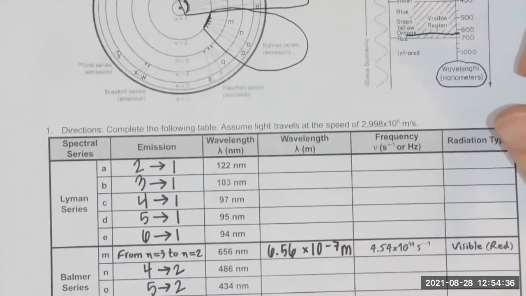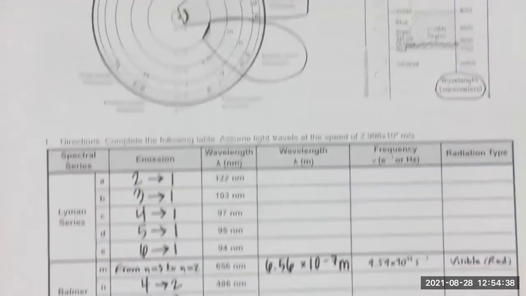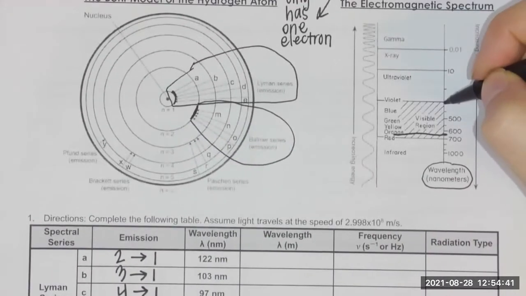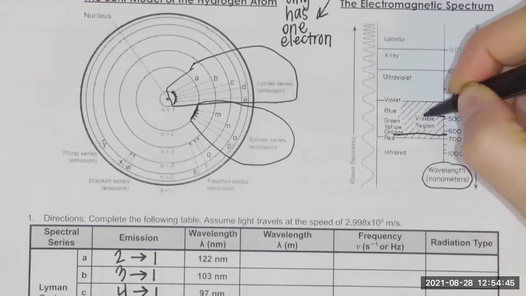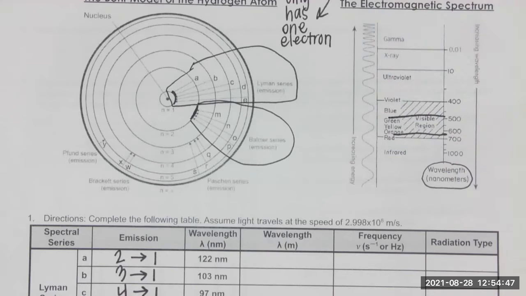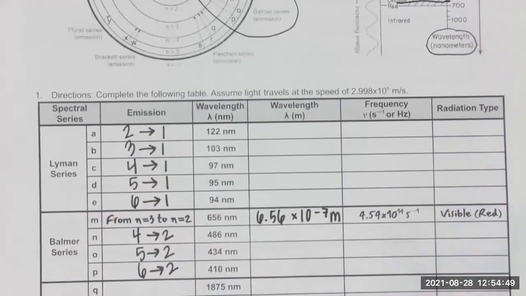The other ones that we've got going, the 486, that bluish green light, cyan color.